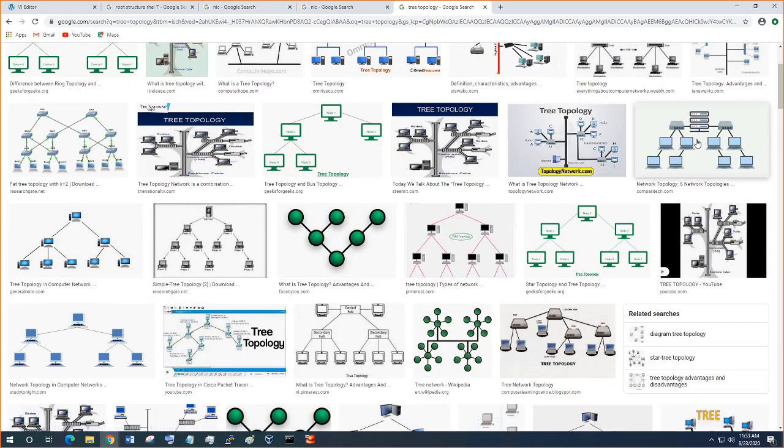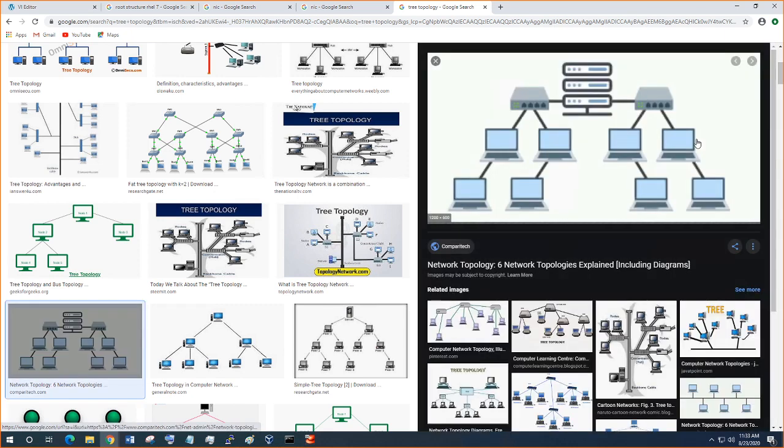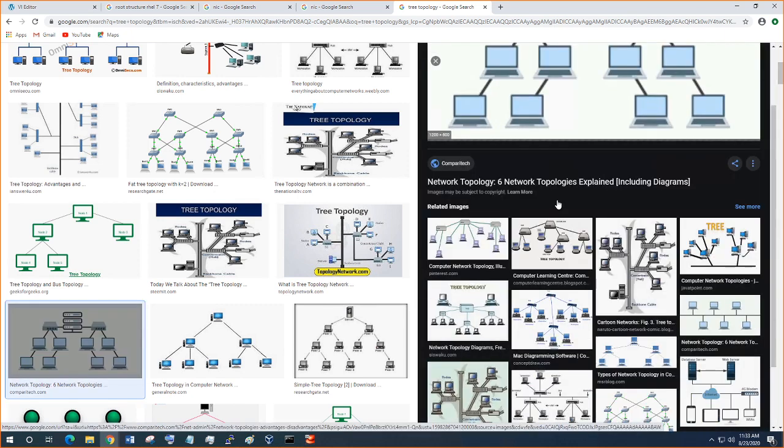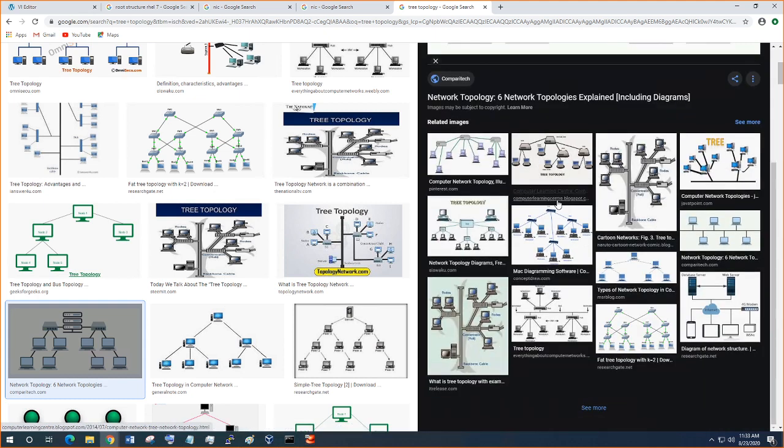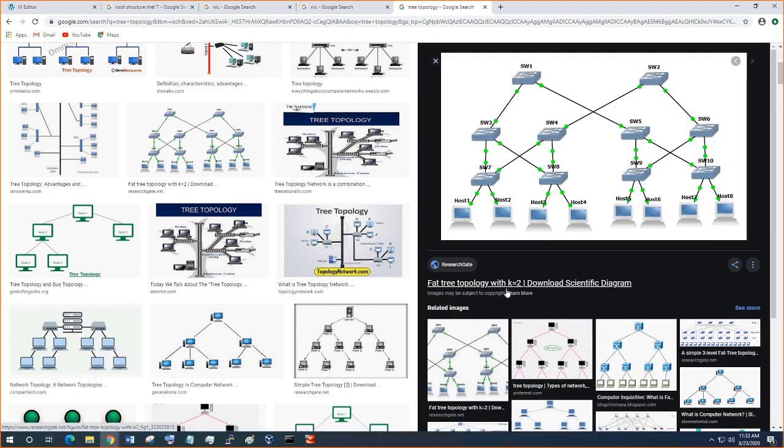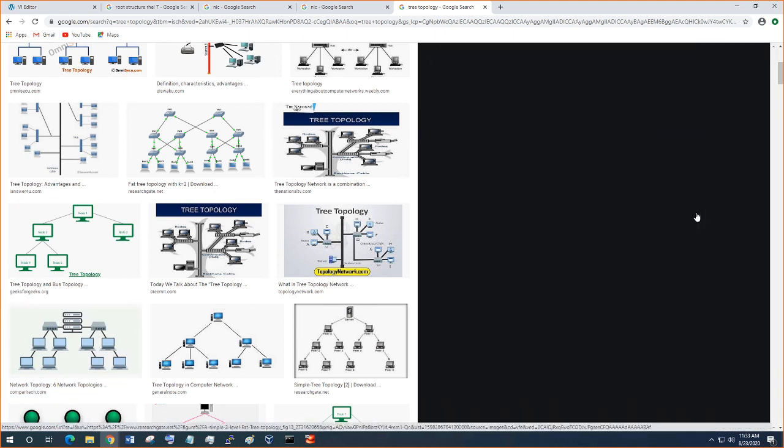This one here, right? Yeah. No, these are just the switches.